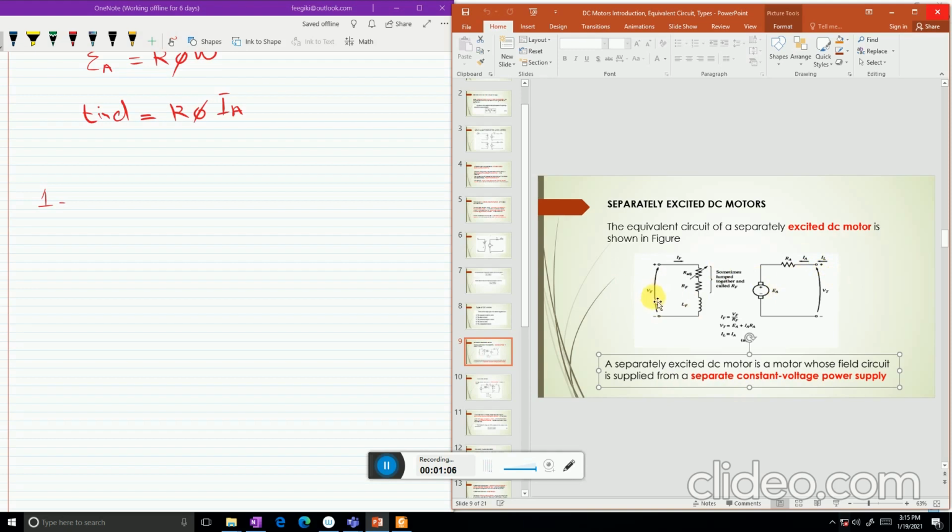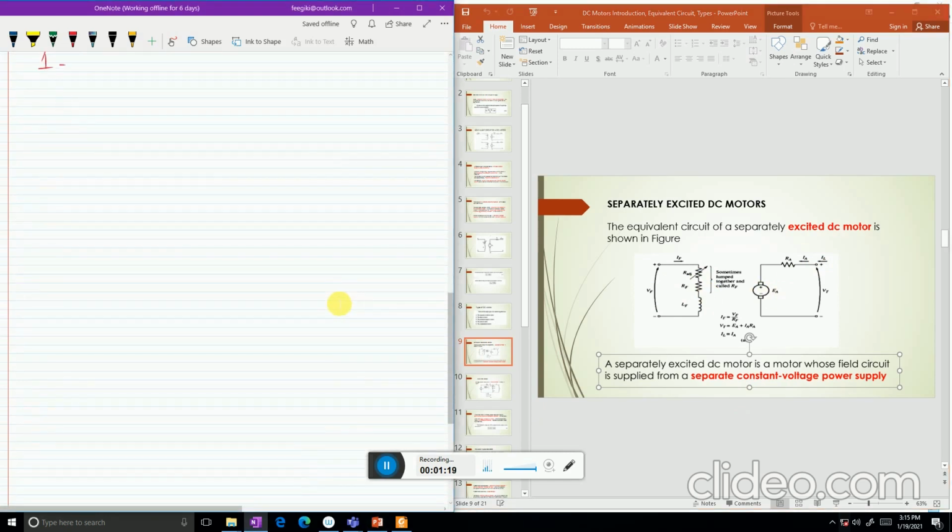This circuit is supplied from another source to generate flux, and then this is the V terminal, and IL supplied from another source. If I draw the equivalent circuit of a separately excited DC motor, it will look the same as I drew before. This is R adjustable. Sometimes these two are lumped for simplicity. And now this is the armature circuit.